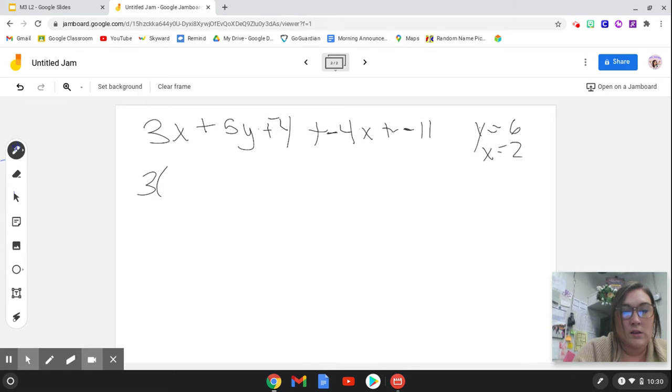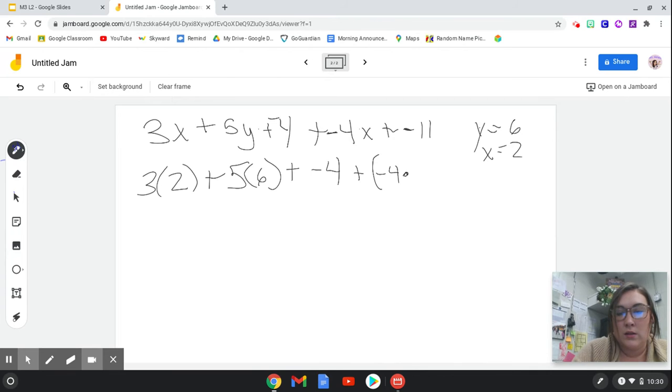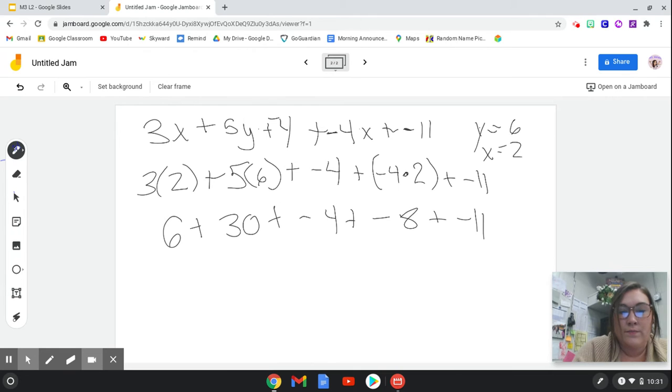So 3 times 2 plus 5 times 6 plus negative 4 plus negative 4 times 2 plus negative 11. So 6 plus 30 plus negative 4 plus negative 8 plus negative 11.